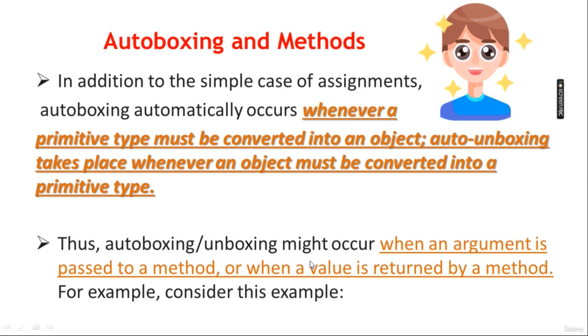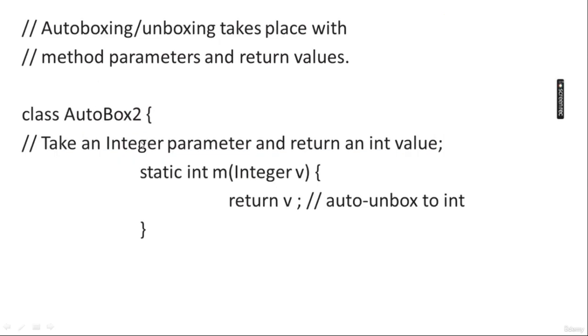Auto boxing and unboxing might occur when an argument is passed to a method or a value is returned by a method. For example, class AutoBox, static Integer m, where we are passing the primitive type and return b. It will auto unbox to int.